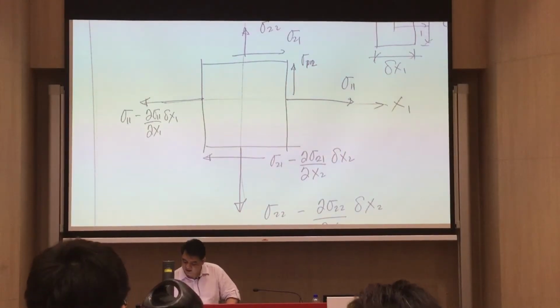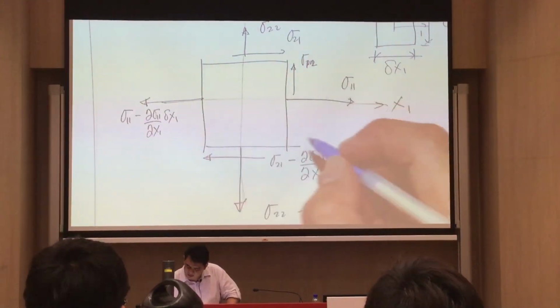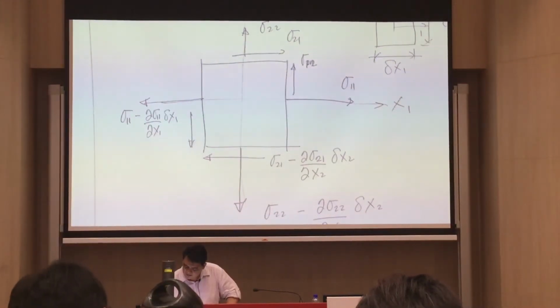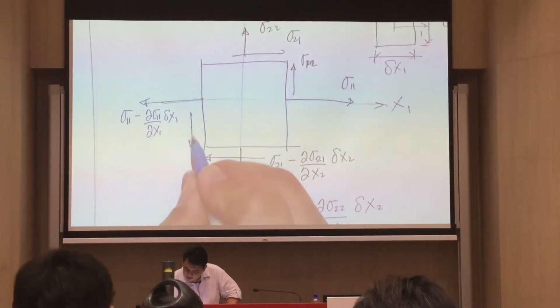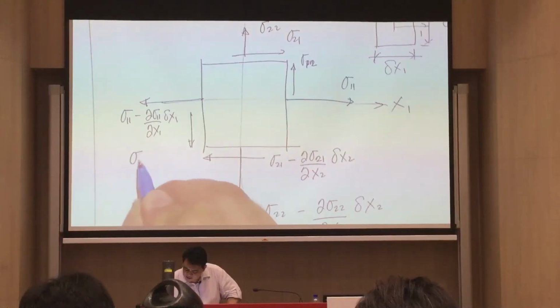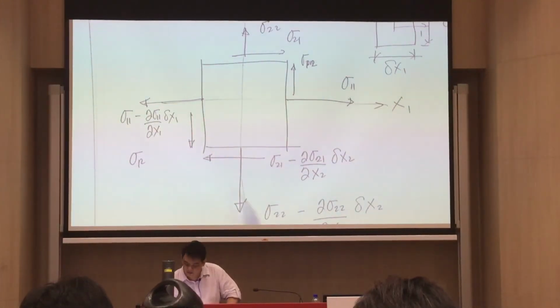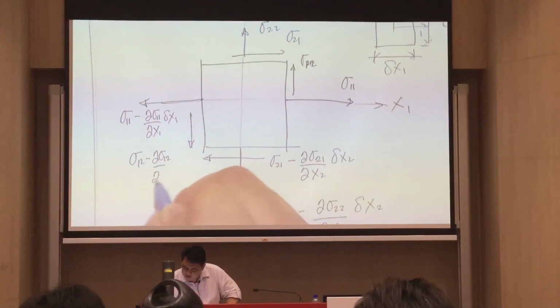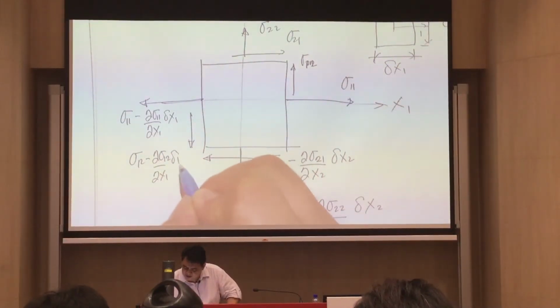And then of course you have here, looking at this stress, sigma 1,2 minus the partial derivative of sigma 1,2 with respect to x1, delta x1.